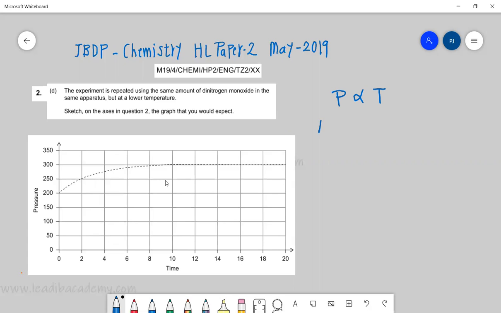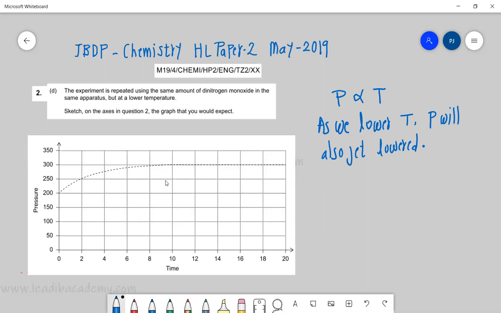So as we lower T, P will also get lowered. That is one concept.